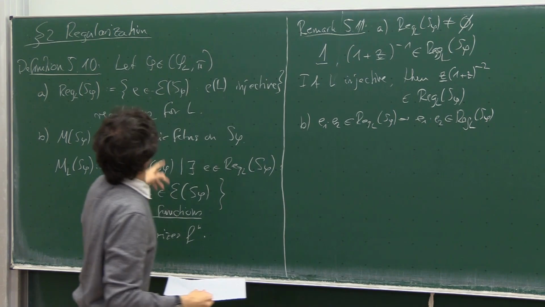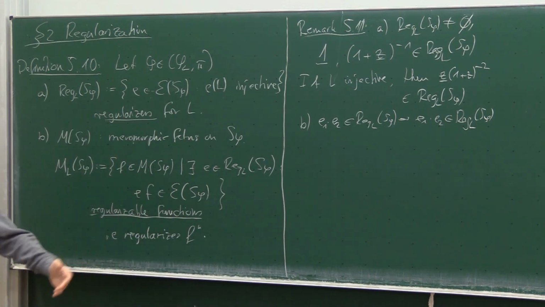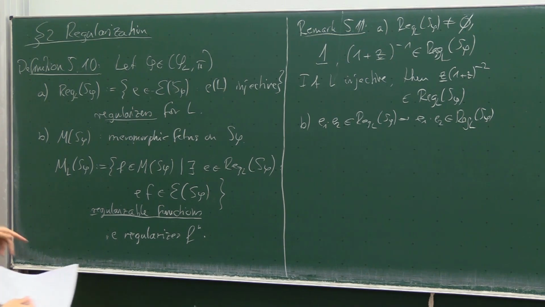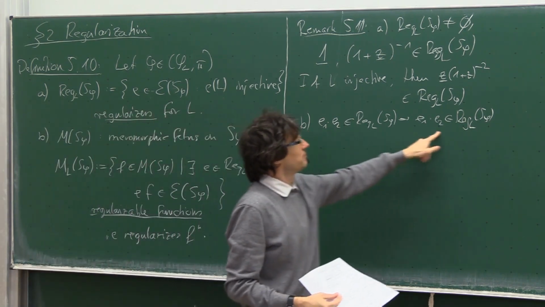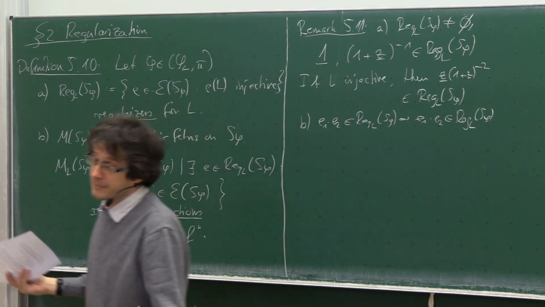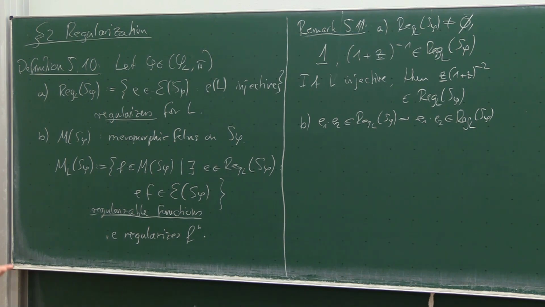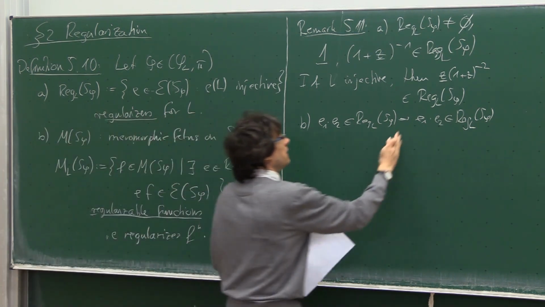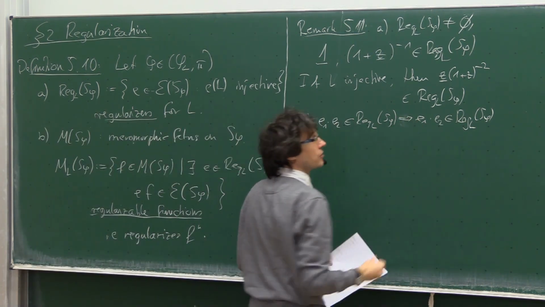Why? Because the Dunford-Rees class is an algebra, so the product of two Dunford-Rees functions is in there again. And if you have two injective operators and you do the product of them, it stays injective. So it's easy to see, but it's a very important feature of regularizers.